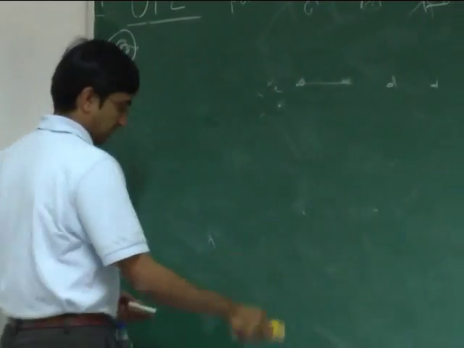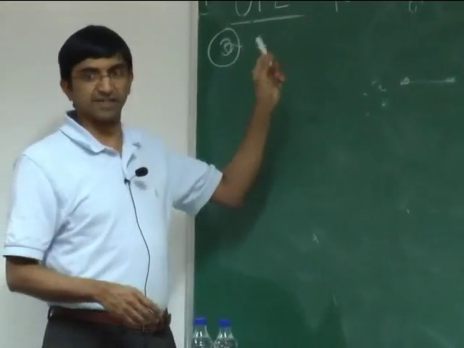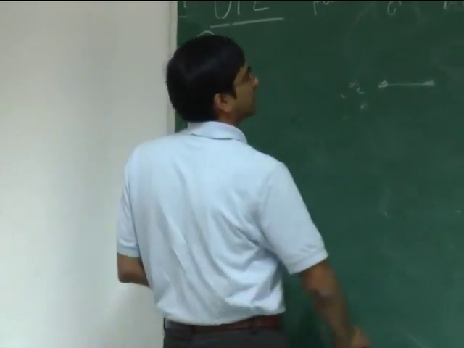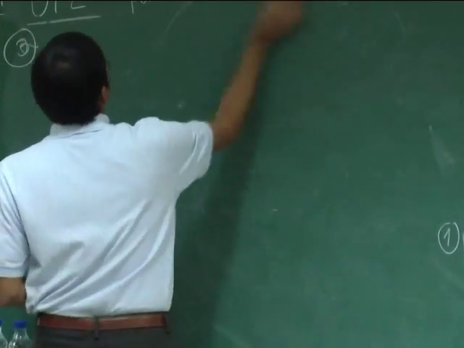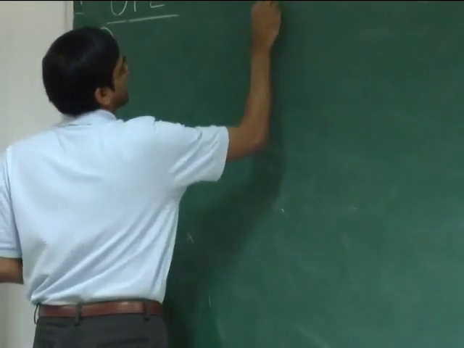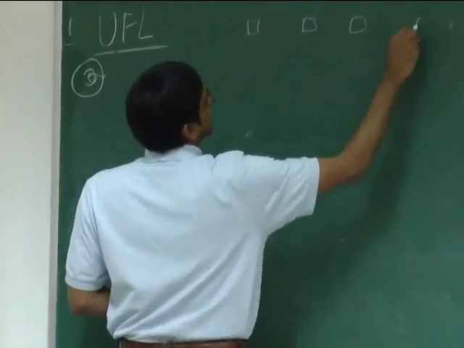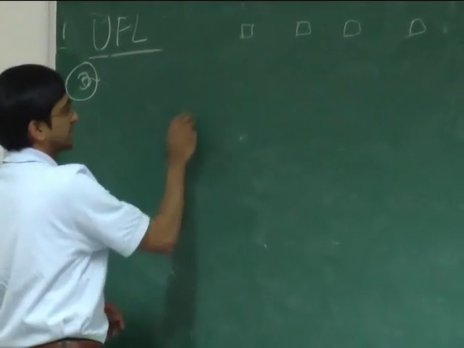Okay, so remember, we were doing uncapacitated facility location. Remember what the problem is. We have a bipartite graph between facilities and clients or demands.